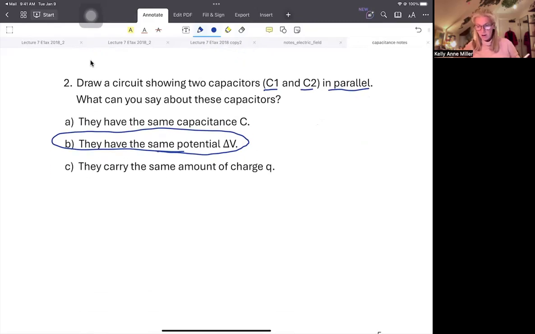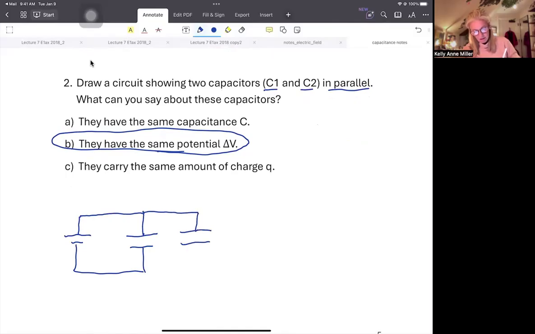Okay, so let's draw it out. Let's say that I've got a battery again at 9 volts, and I've got that battery connected to two capacitors in parallel. Okay, so this is a 9-volt battery, which means that everything along this path, everything connected to this path, has to eventually be at 9 volts.